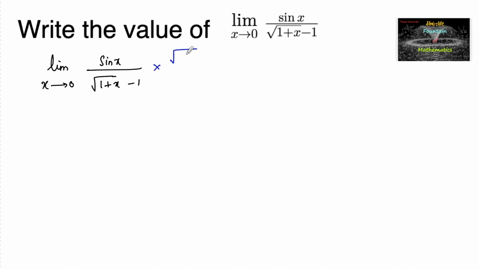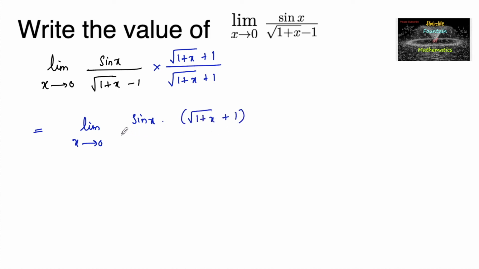Multiply and divide with root over 1 plus x plus 1 upon root over 1 plus x plus 1, which is equal to limit x tends to 0 sin x into root over 1 plus x plus 1 upon root over 1 plus x minus 1 into root over 1 plus x plus 1, which can be taken as root over 1 plus x whole square minus 1 square.